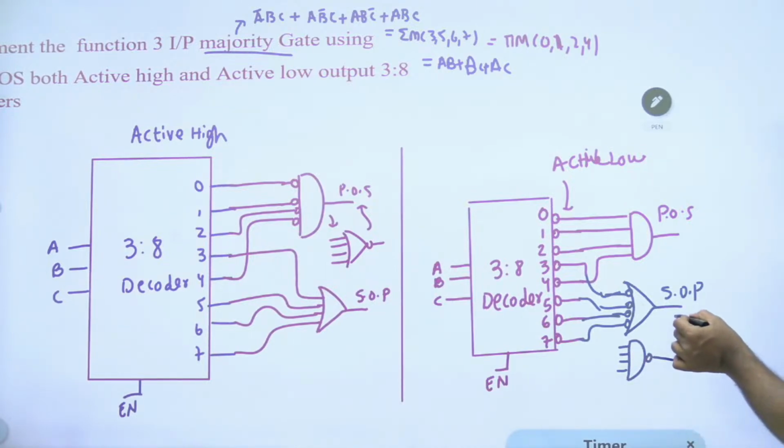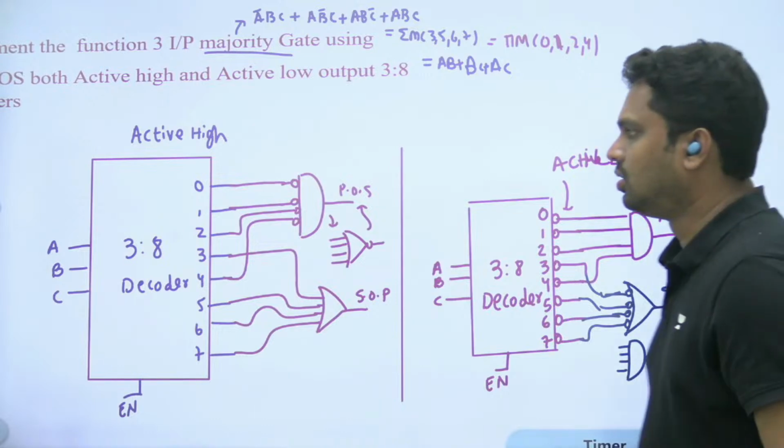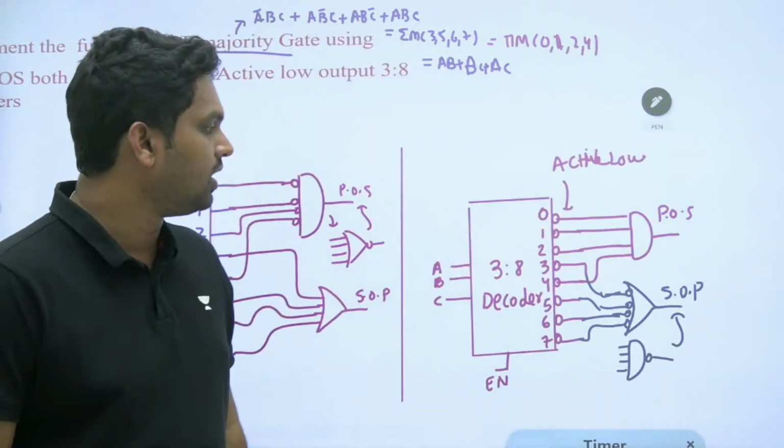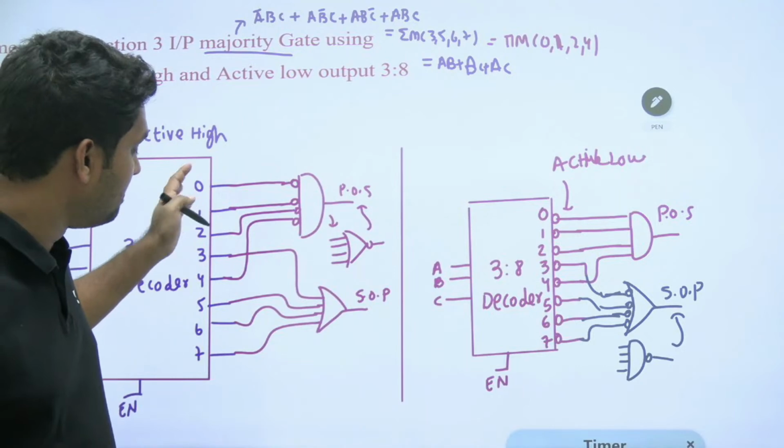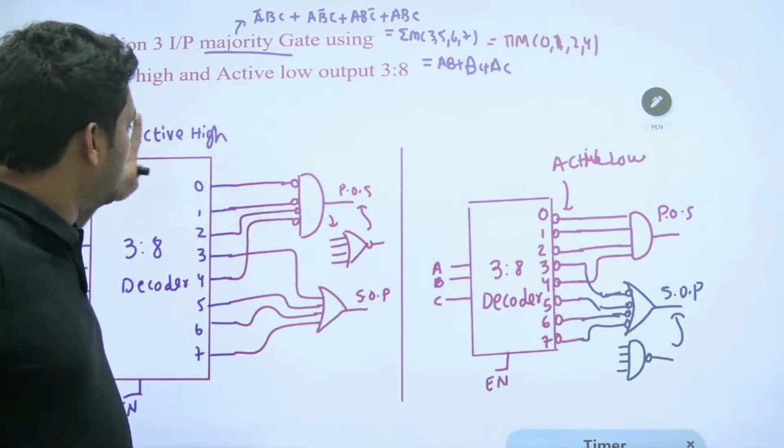That's all. So that is how to implement a function using SOP, POS, active high, active low.